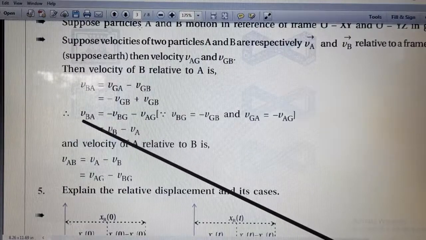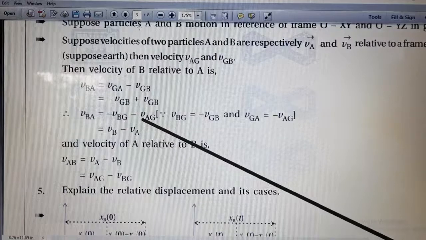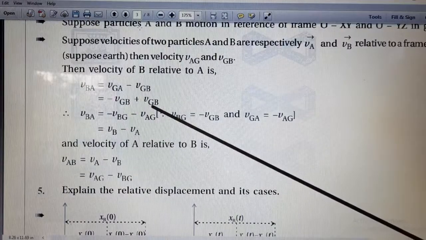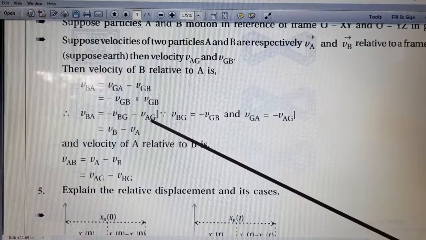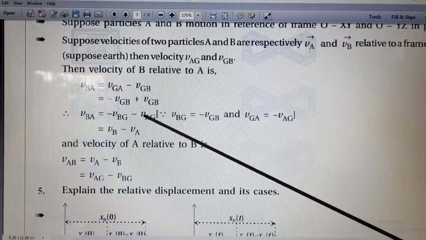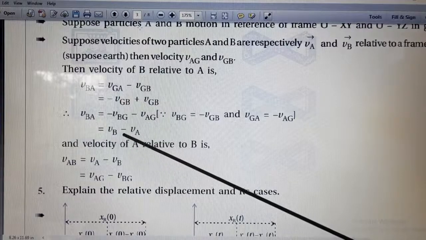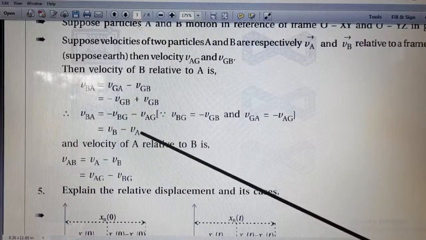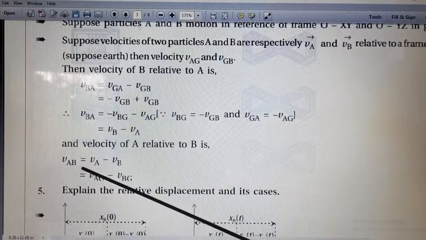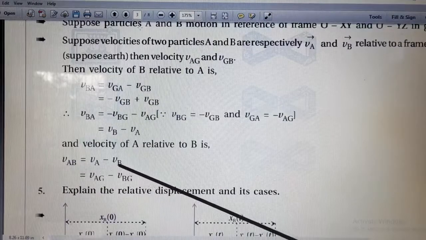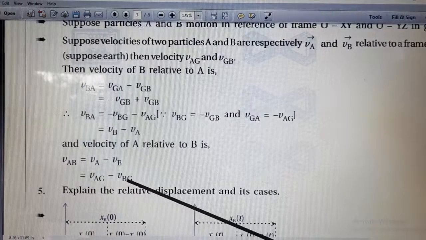The correct formula is VBA is equal to VBG minus VAG. Here VGA is positive, but now we take ground as the reference. So here minus VAG. So we can write VBG instead as VB, with the minus sign as it is, and instead of VAG we can write VA. And the velocity of A relative to B, means VAB, is equal to VA minus VB. Here we can write VAG minus VBG.